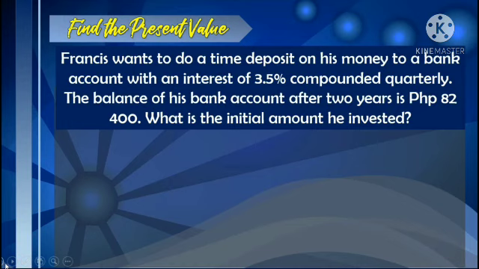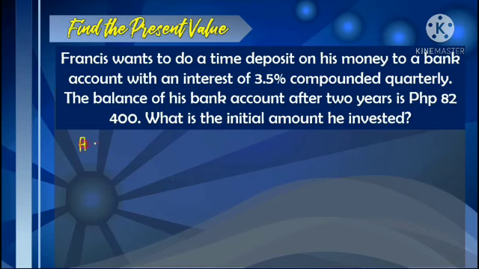Okay, for our next example, finding the present value. Francis wants to do a time deposit on his money to a bank account with an interest of 3.5% compounded quarterly. The balance of his bank account after 2 years is 82,400 pesos. What is the initial amount he invested? So initial amount is equal to the principal amount.